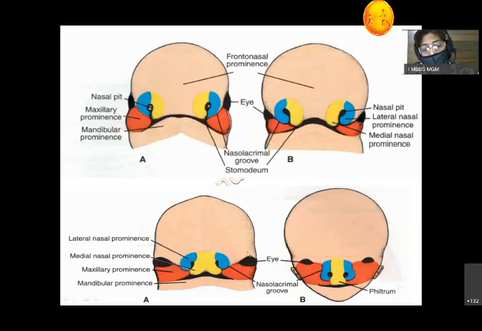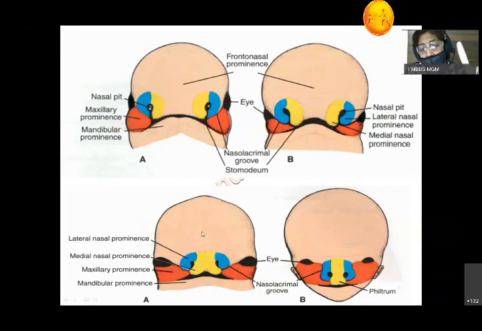Okay, so external nares come close together. The lens placode is shifted forward because the frontonasal process becomes narrow. So as this becomes narrow, the eyes will be shifted to the front side. Ears are formed and they are shifted to the normal position by growth of the mandibular process. So growth of the mandibular process, ears shift.